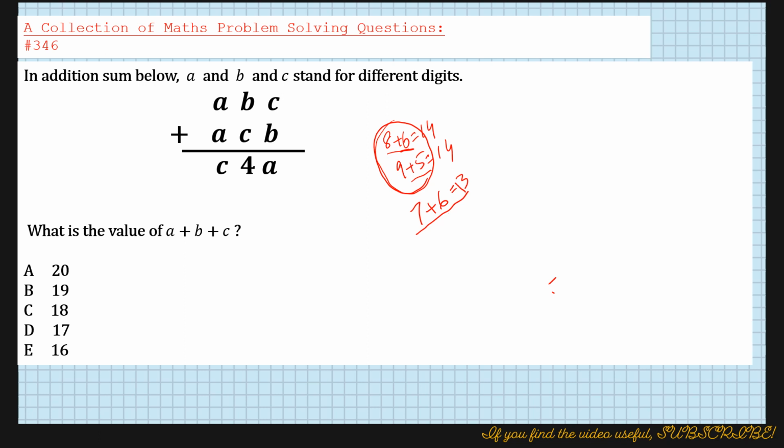So if we try with these ones, 8 and 6, what would it look like? If b is 8 and c is 6, then it will be 6 and 8. See, it doesn't work because it would be 14, and then 1 and 9 would be 15. So it has to be 14, so we have to decrease it.